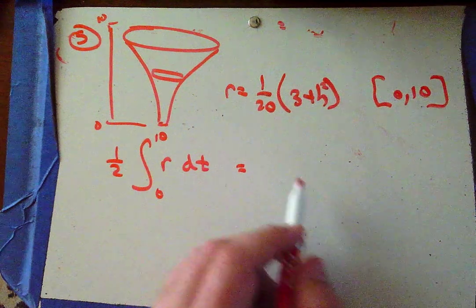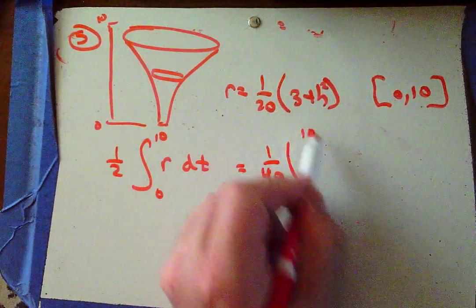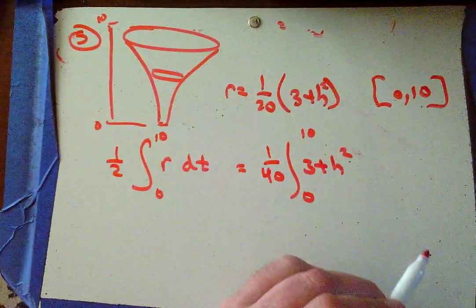So I'm gonna pull out that constant, and I'm gonna have 1 over 40 integral 0 to 10 of 3 plus h squared.